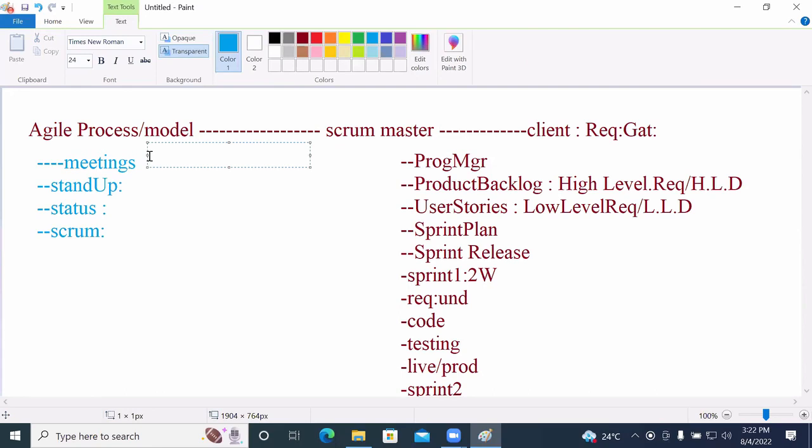According to the process of Agile, these stand-up meetings need to be conducted in the morning hours, on a daily basis. Every day you will have stand-up meetings here.